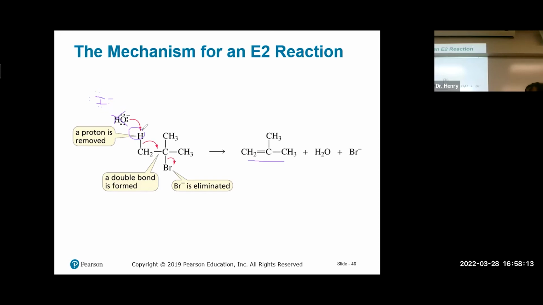That's not the reason why, but it's a poorer nucleophile than hydroxide. Hydroxide is a stronger base, so it's going to be more reactive, right? So that reaction is going to happen at a faster rate than in the case of the iodide, right?